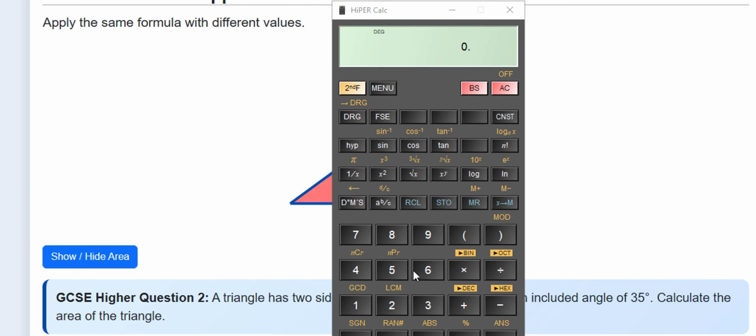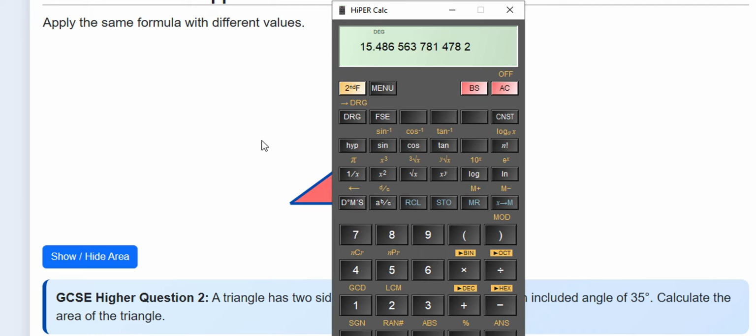By finding the sine of 35, which is 0.573, we then multiply it by 27.